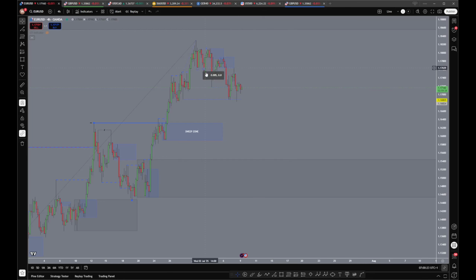The small internal structure is bearish, and we can see that quite clearly. So we are respecting these small internal bearish order flows quite well.